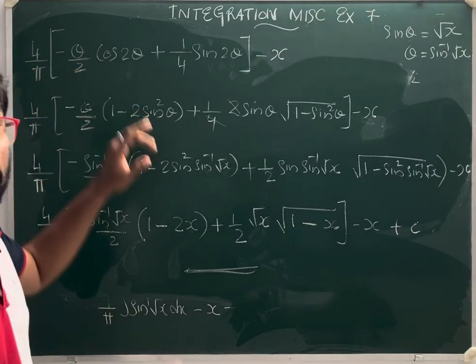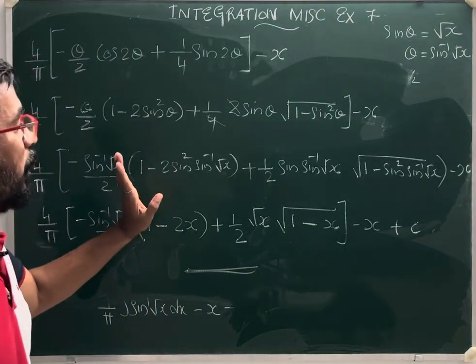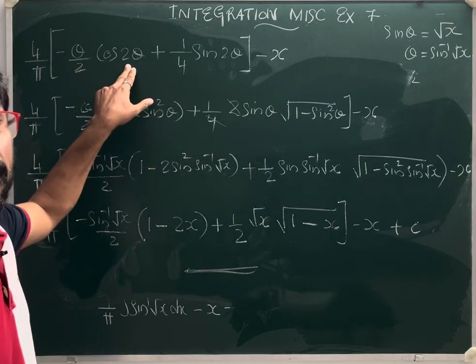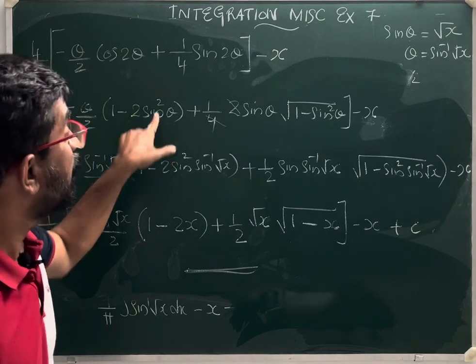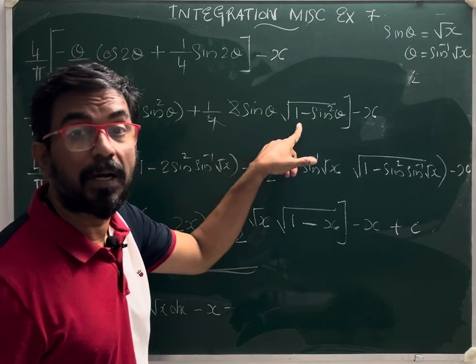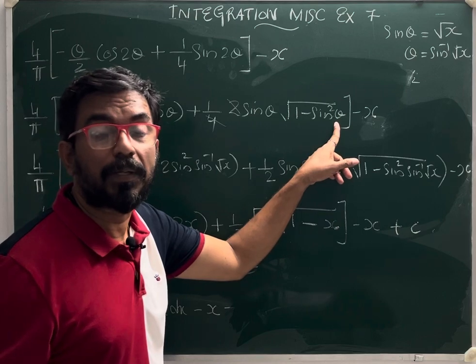Children, one place where confusion comes is how to replace θ, how we reach this answer. What you need to do is remember to convert cos 2θ as 1 − 2 sin²θ, and sin 2θ as 2 sin θ cos θ. And that cos θ further you can write as √(1 − sin²θ).